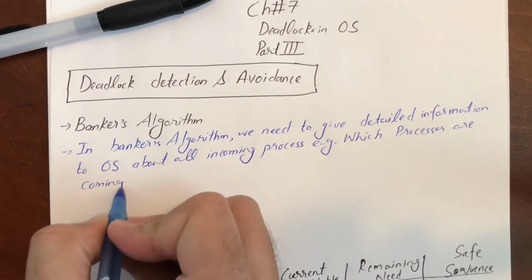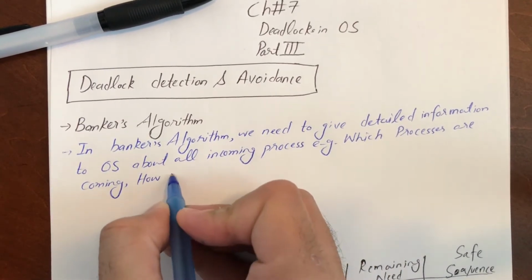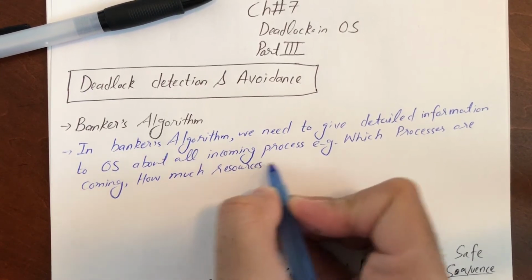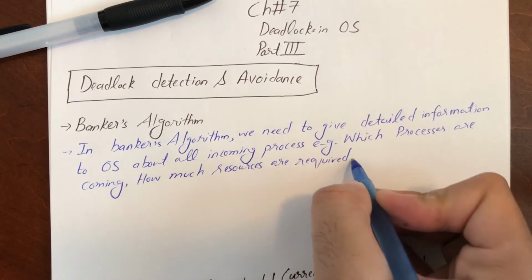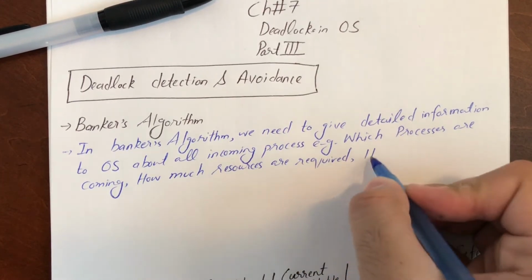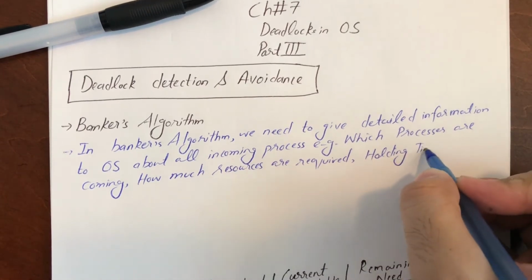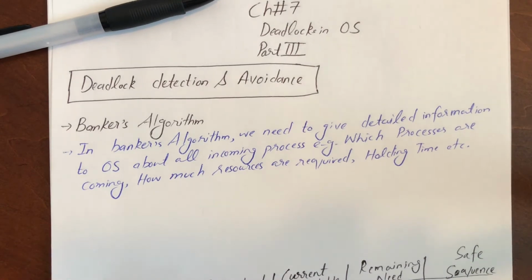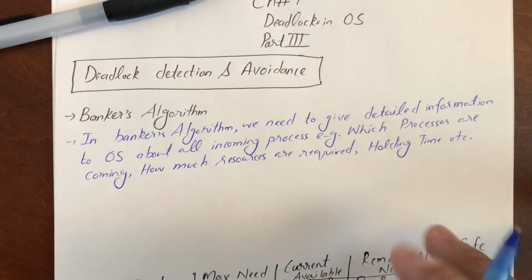We need to tell the operating system how many resources are required. Then we need to tell the holding time as well, for how long they're going to hold the resources, etc. And then the operating system can make a decision whether that process can be entertained or not on the basis of all this information.